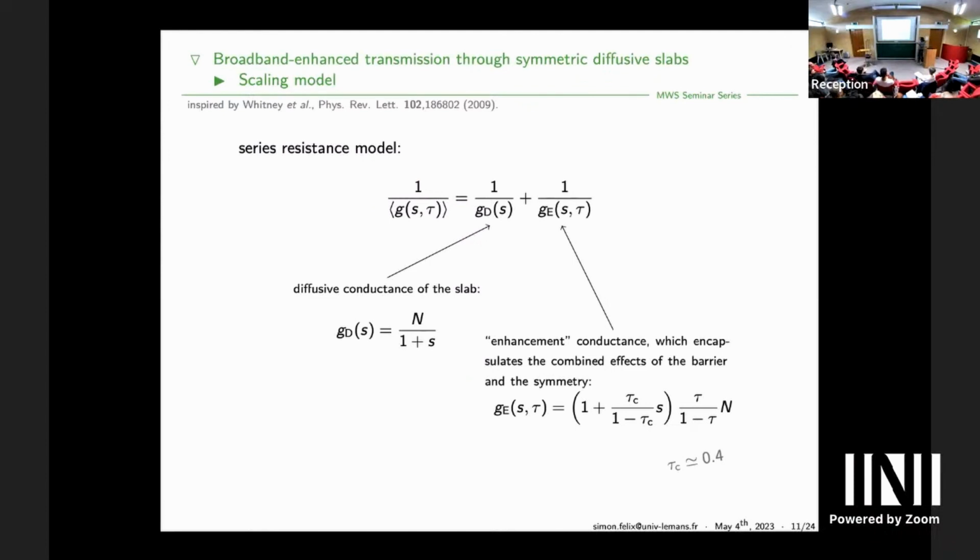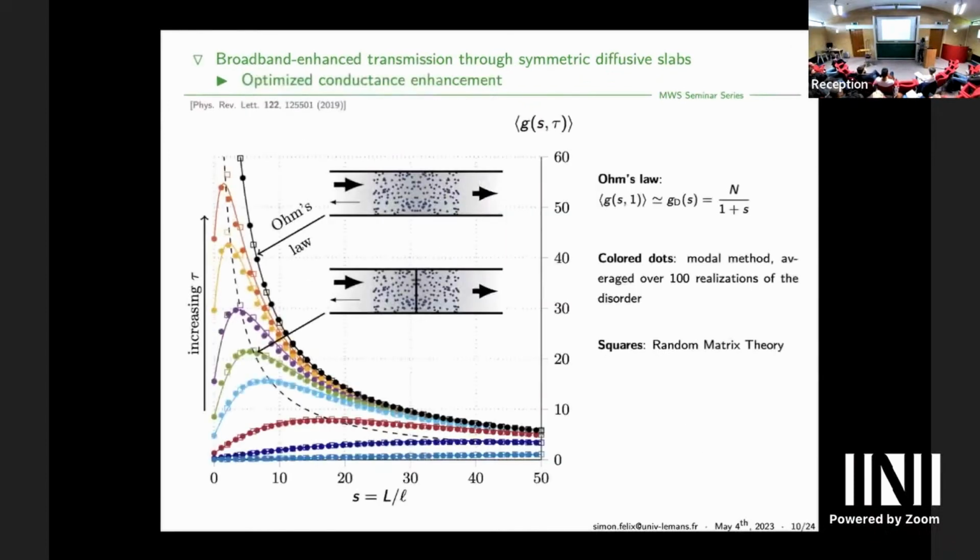These limit conditions mean that if L is 0, I have to find back N tau, which is the conductance of the barrier alone. And if tau is 1, meaning the barrier is perfectly transparent, I have to find back the usual Ohmic conductance of a diffusive slab alone.